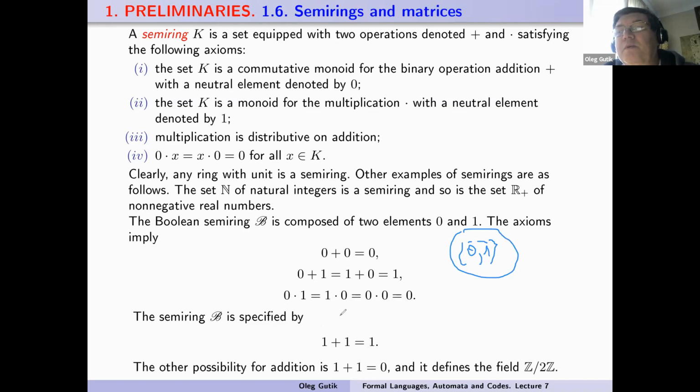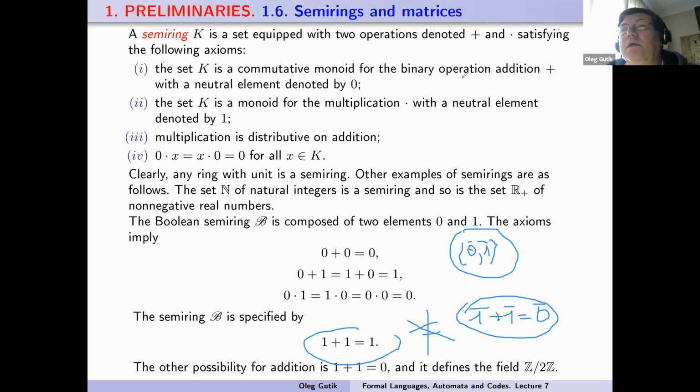In the Boolean semiring the first three operations coincide with our case, but in the field 1 plus 1 is equal to 0. This operation and the operation in the field Z by 2Z are distinct. Good.